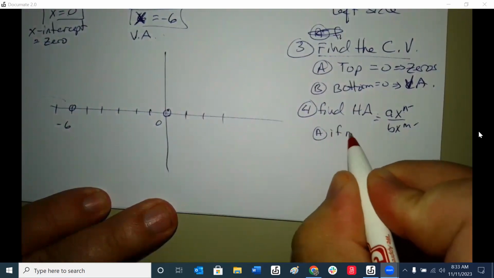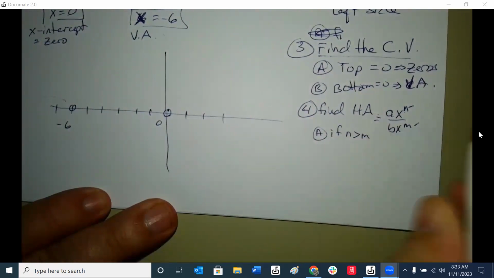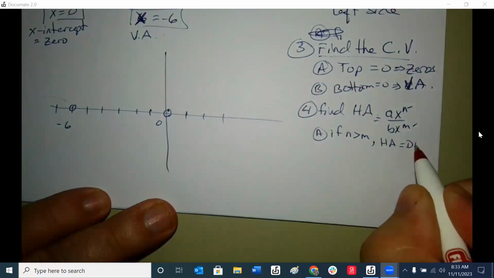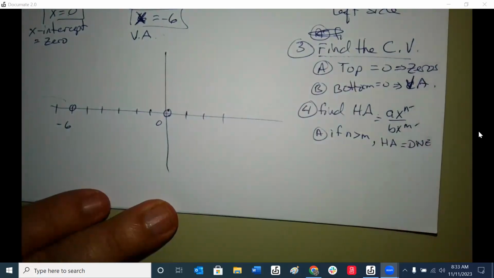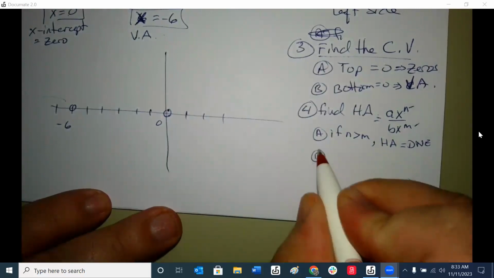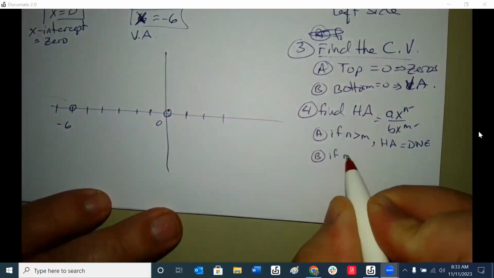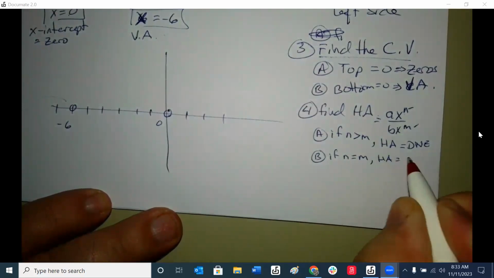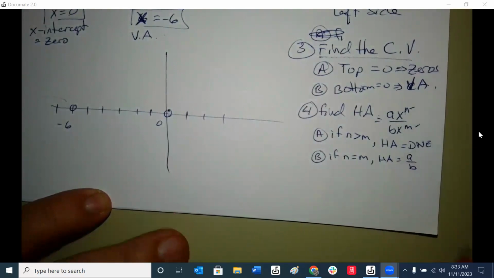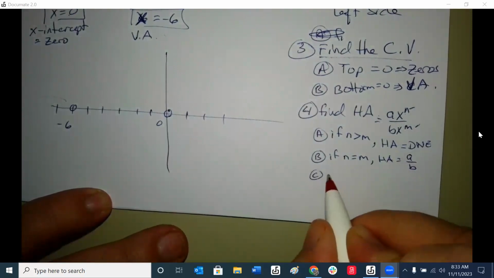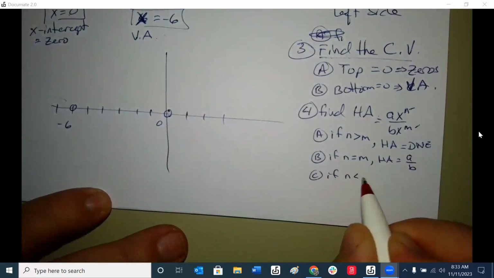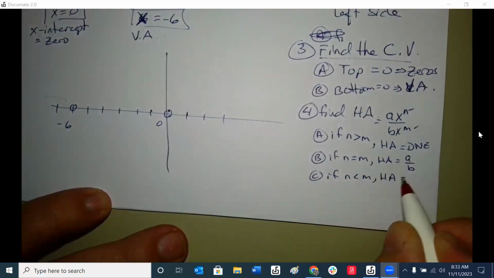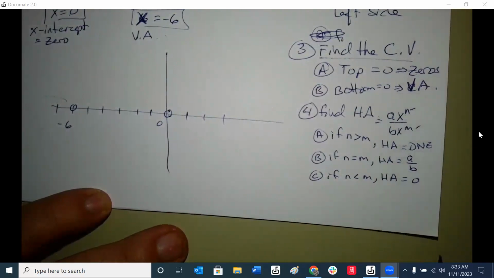If the top is bigger than the bottom, it does not exist. If they equal each other, then the horizontal asymptote is simply their coefficients, a over b. If the top is less than the bottom, then it's the x-axis.